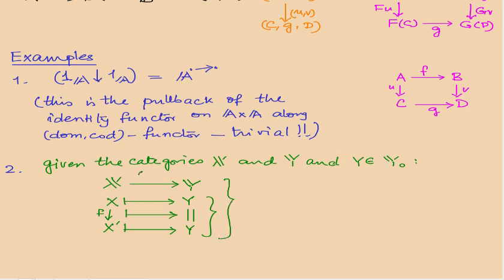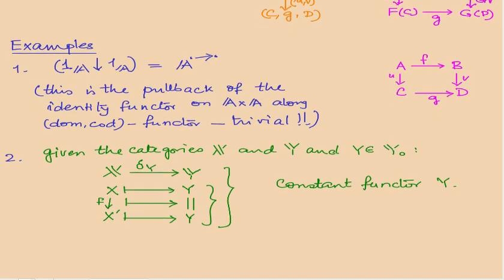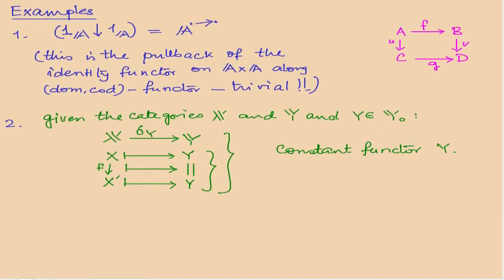This is usually denoted by delta Y, and it is called the constant functor. So the constant functor is the functor which takes every object from some category, from the domain category to that specific object.